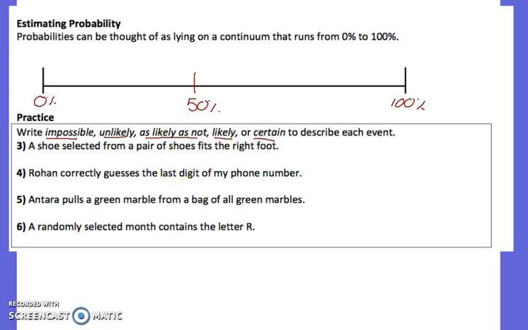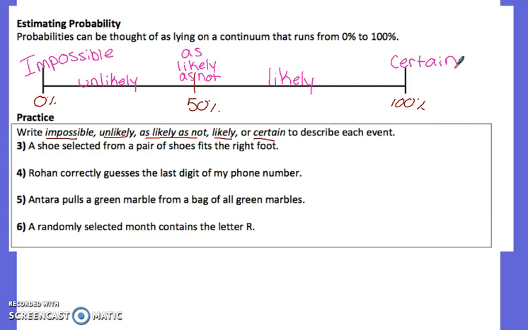If it is impossible, it's going to be down here at 0%. If it's unlikely, it's going to be between 0 and 50, so it's right here. We already talked that as likely as not is right at 50%, so this is your as likely as not. If it's likely, it's between 50 and 100%. And if it's at certain, you're at 100%.